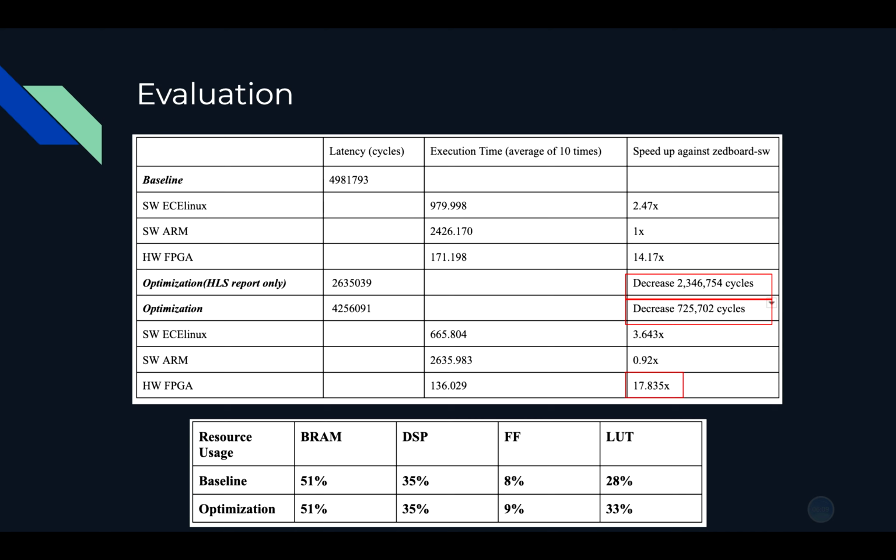Furthermore, we achieve almost 18 times latency speedup compared to the ARM CPU. When comparing the baseline with the optimized FPGA latency, we note that despite a reduction of over 20 cycles in execution time, a portion is still consumed by communication due to processing over 32,000 data points.